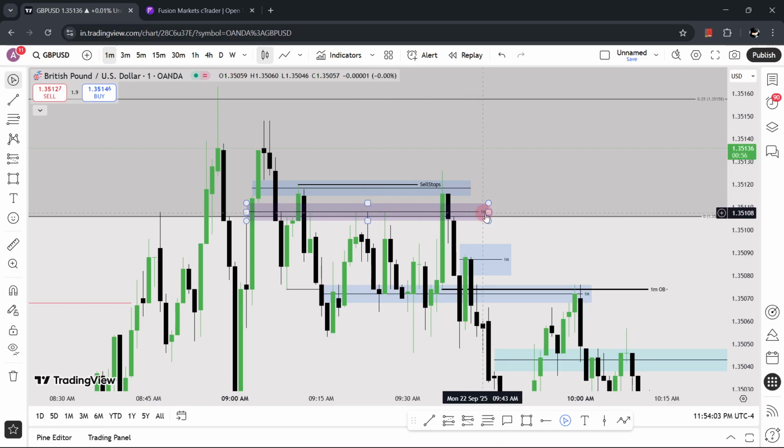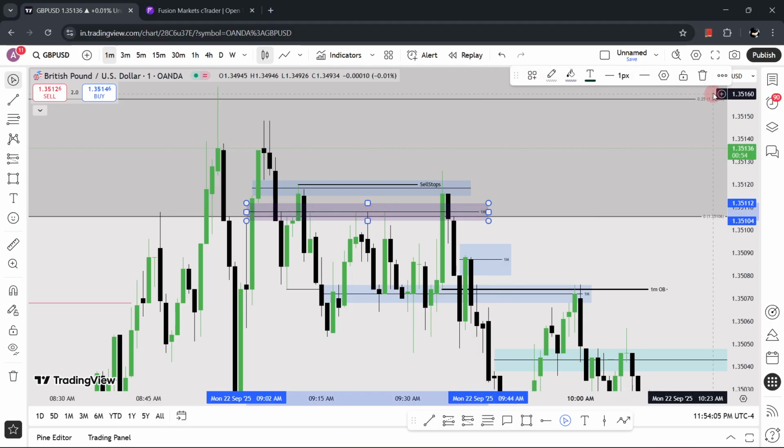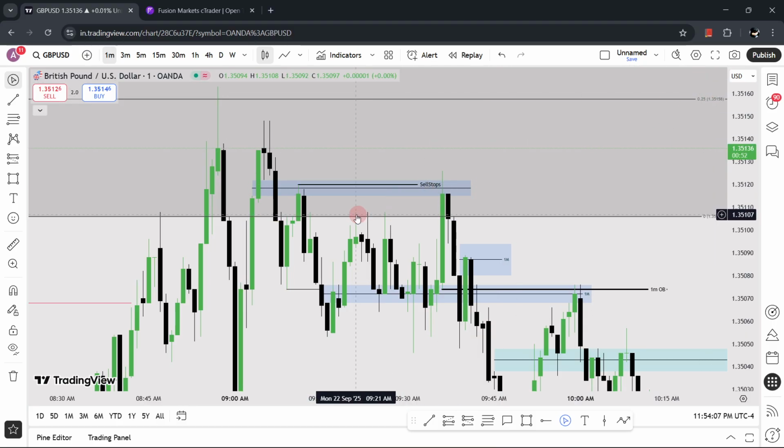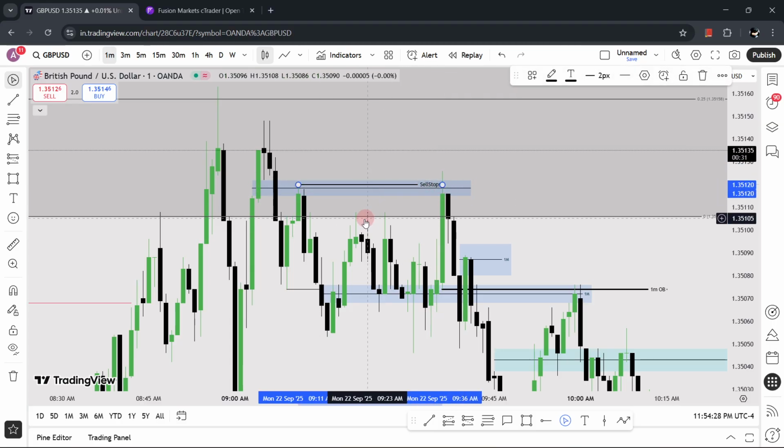I am just removing this for a second. You have many equal highs up here, and you had a sell stop here. Anybody who sold from any of these fair value gaps would have put their stop loss here, right? So after going below this, it ran to the sell stop. That's what I mentioned here.